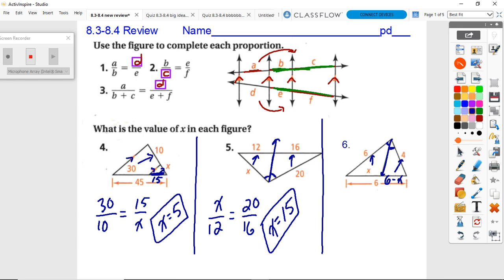That's kind of messy, hold on. My x, so that's x. So 6 minus x would be this piece. So x is to 6, that's that part, as 6 minus x is to 4. And when you cross multiply, we've got 3.6 in this case.